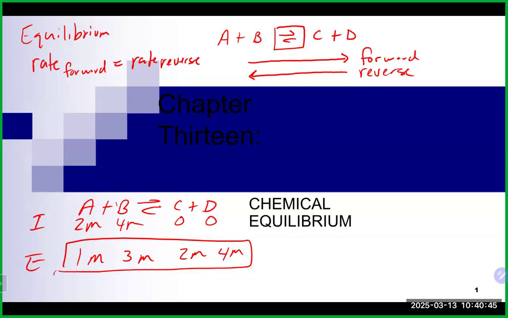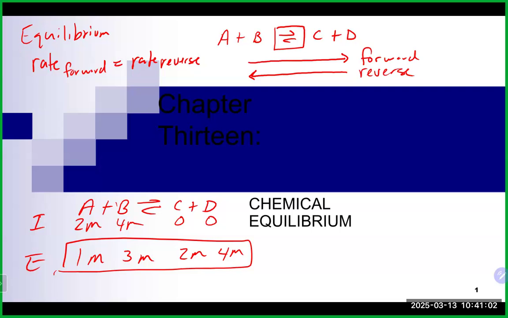Unless you do something to disturb the equilibrium, which you can, and we'll talk about later on. But if you don't do anything to it, it will maintain their concentrations because those rates equal each other. As soon as something gets lost, it comes right back, and nothing ultimately changes.